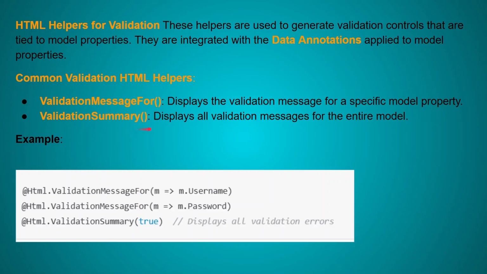ValidationSummary displays all validation messages for the entire model. Example, @Html.ValidationMessageFor(m => m.Username). So this m.Username is returned from the controller to the view. @Html.ValidationMessageFor m.Password. @Html.ValidationSummary(true) displays all validation errors. So this is the validation summary we are using here.